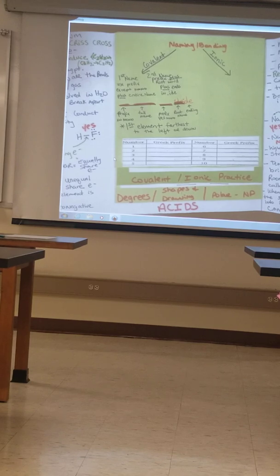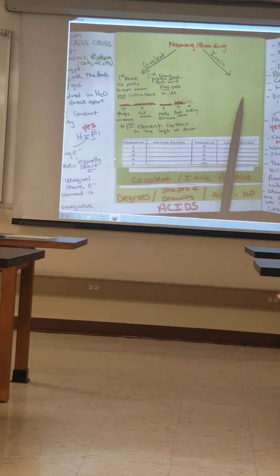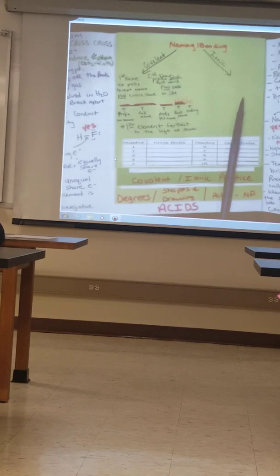If they don't give you the actual formula or the name. But what if they just show you a picture of two bottles and they have this element in that one and this element in that one? Now you need to decide which name goes first, okay? And that's how we make the decision, who's further to the left or who's more down, okay? So that is a little tricky sometimes.